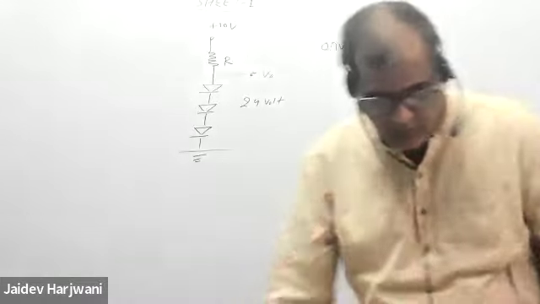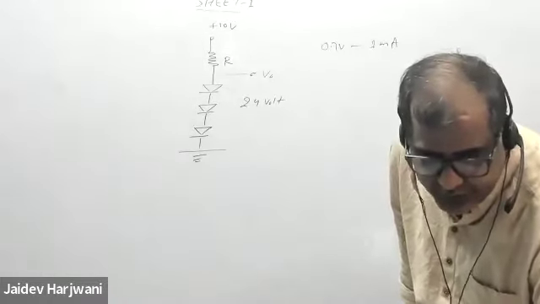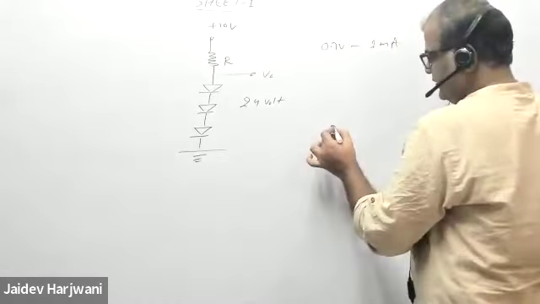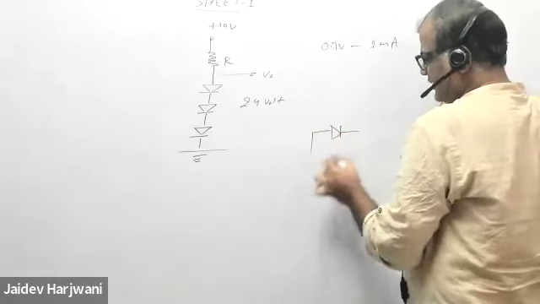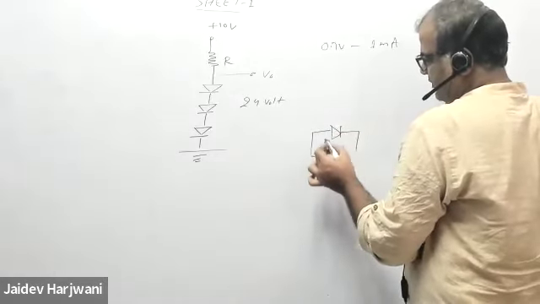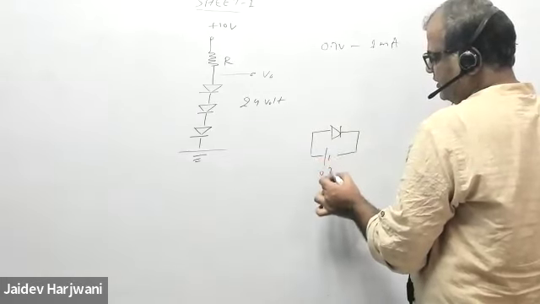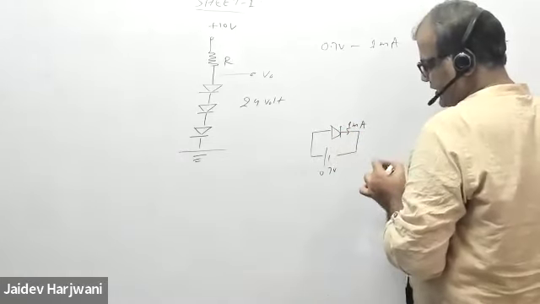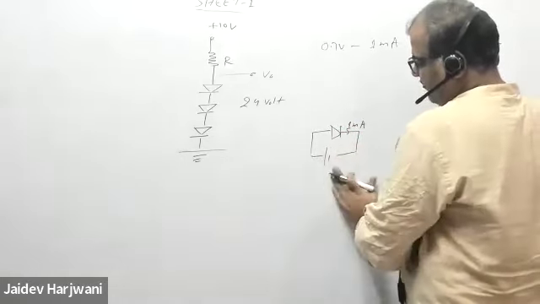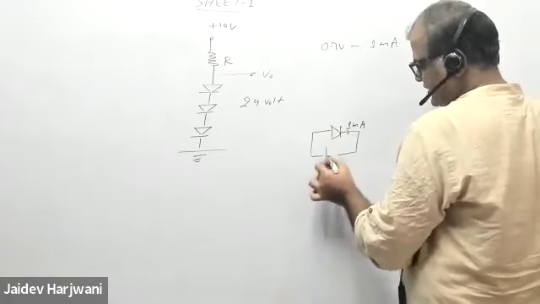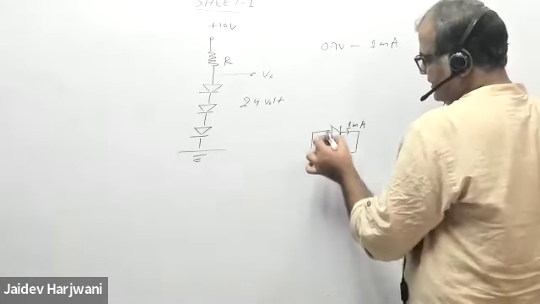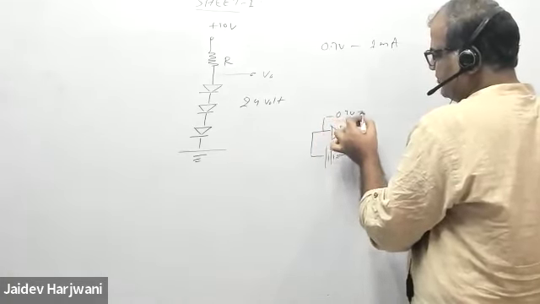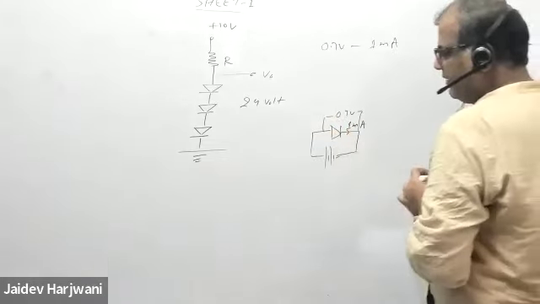The question says that if you have a single diode, and you're applying a voltage, say 0.7 volt across this diode, the forward current is 1 milliamp. Of course you are applying some variable voltage, and the drop here is 0.7 volt, then the current is 1 milliampere.